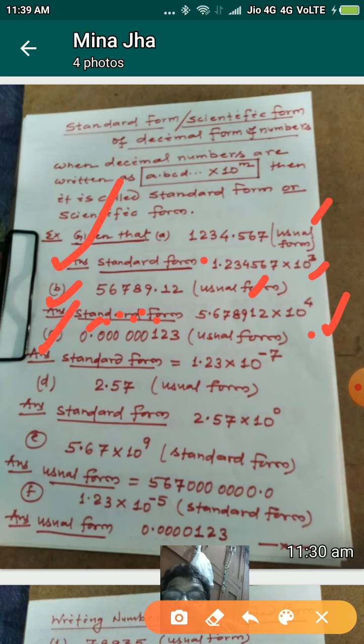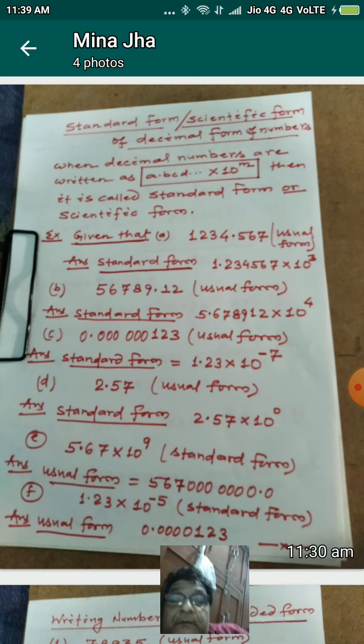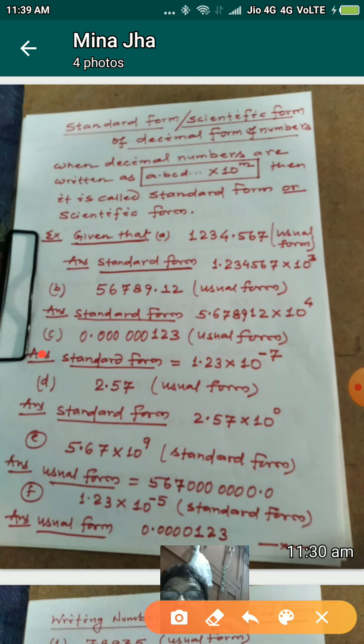Now take another question. I hope that it is clear now. In this question, in example C, it is given in usual form as 0.0000 means 6 times 0, 1, 2, 3. Now you have already heard that the point should be after one non-zero digit, but this time the point in the question is after a zero digit.